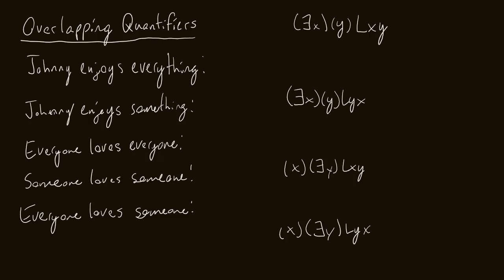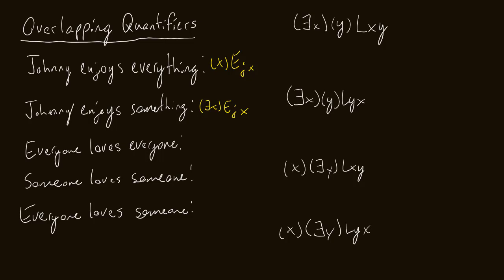So we'll say for all x, Johnny enjoys x. There we go. For all x, Johnny will enjoy x. Johnny enjoys something means that there exists an x such that Johnny will enjoy it.